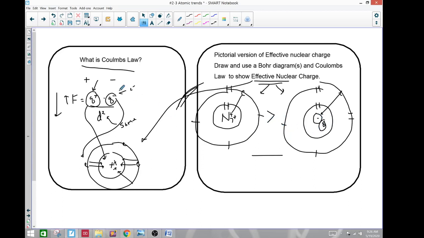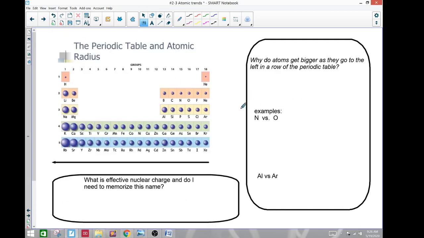That is why, as a general trend, we get slightly smaller as we go to the right, or bigger to the left. There are more protons, and now we have this idea that Coulombic attraction increases.